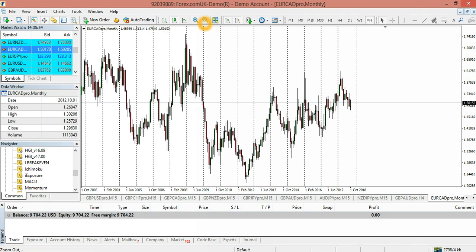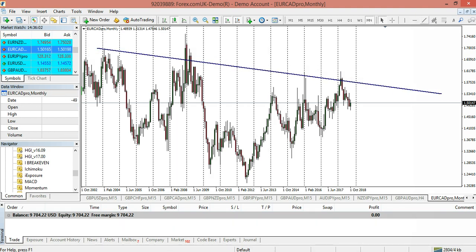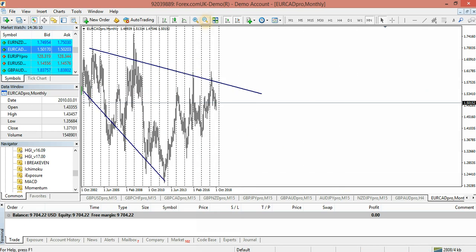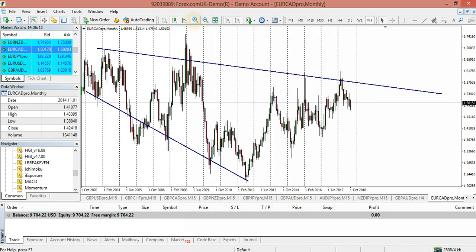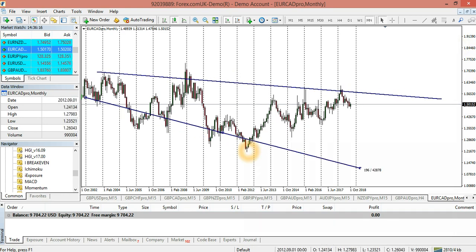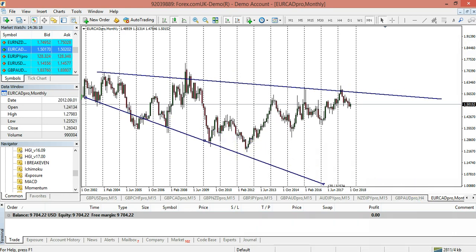Euro Canadian dollar. I don't think this one is going to show much. We need more data. But this is actually in a channel. It's just that we can't see all of it. If I was using a different chart, you would see it a little bit clearer.